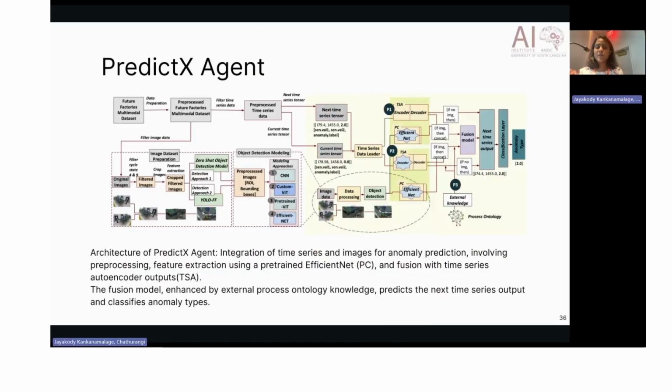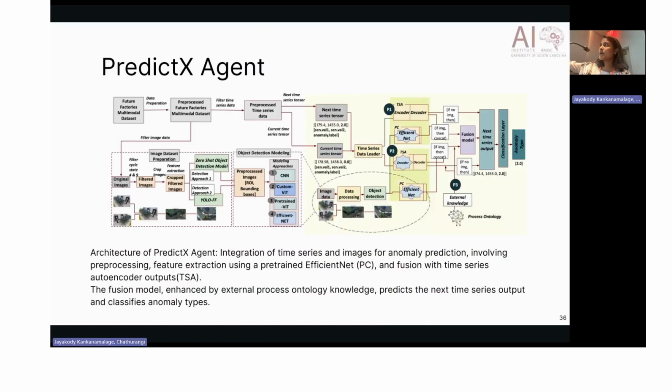Then we combine the results of these two models into a common representation. We developed a fusion model that includes a feed forward network that represents the output of these two modalities, and then we predict the next time series, followed by a classification layer which determines the anomaly type.